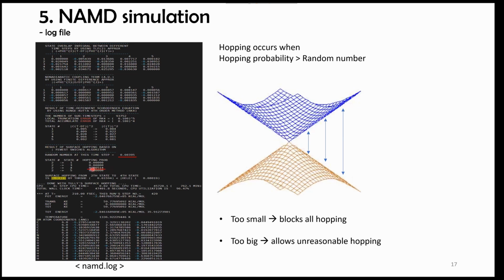But as we can see, this hopping probability is really, really small, and this hopping occurred due to this really small random number. Because we have limited trajectories, I don't want this kind of hopping. So this hopping should be blocked. That's why we use the threshold option. As you can see, the surface hopping from state 2 to state 4 is blocked by the threshold.